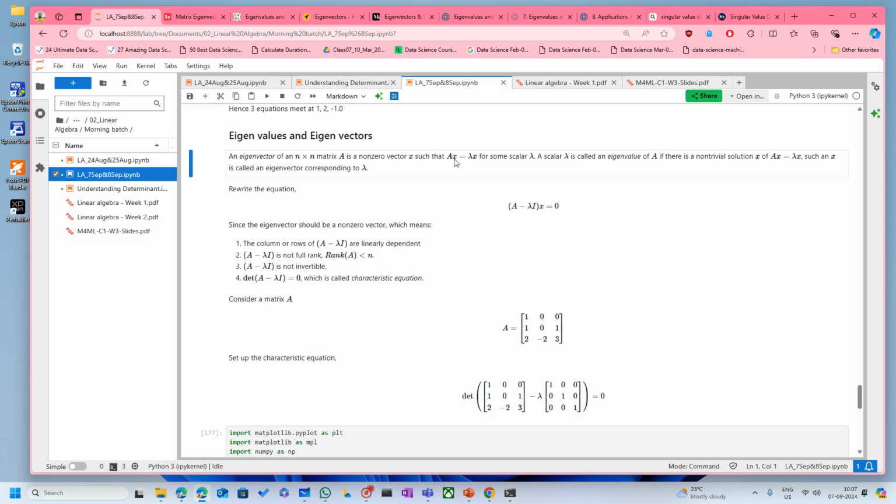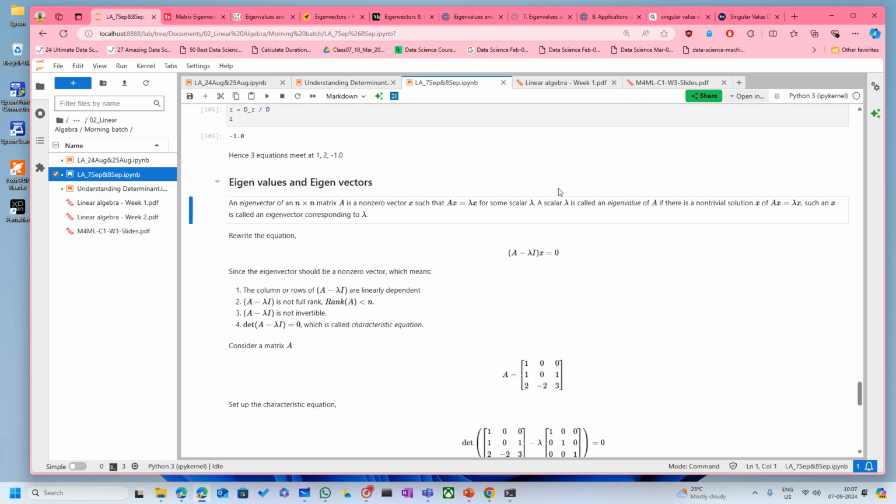to that vector. Now this lambda scalar value that yielded the same result as the matrix-vector product transformation is called the eigenvalue, and the vector is called the eigenvector. Did you understand?